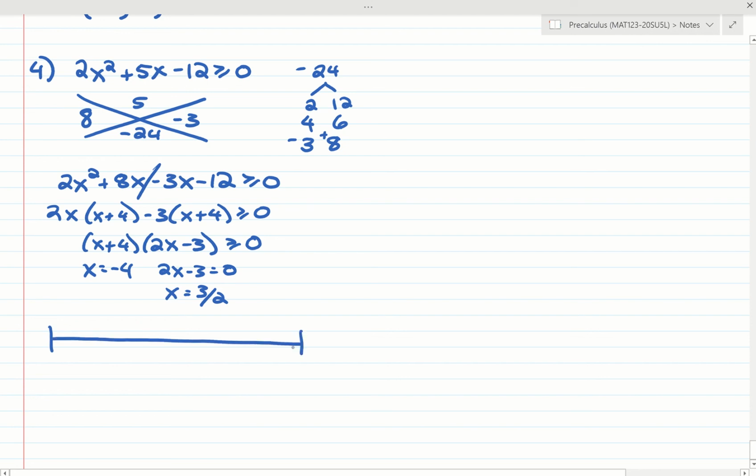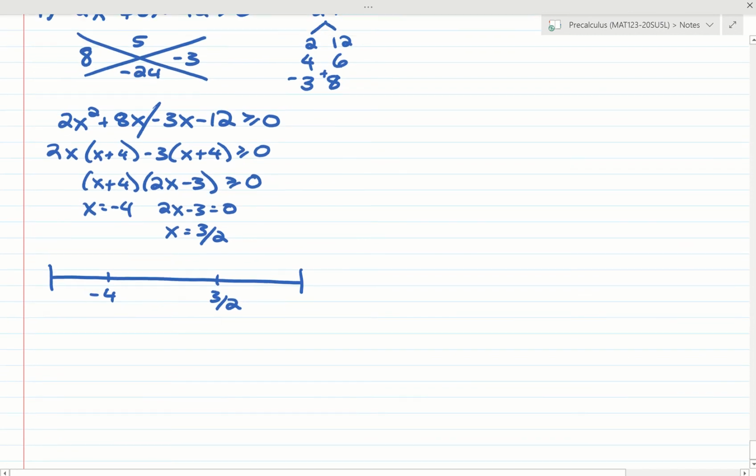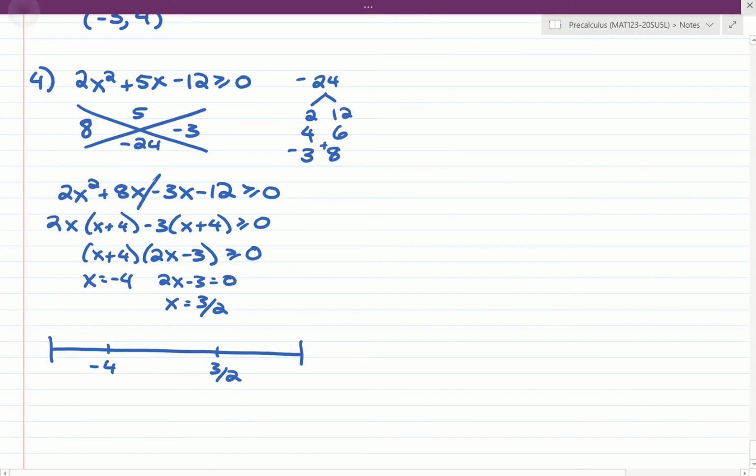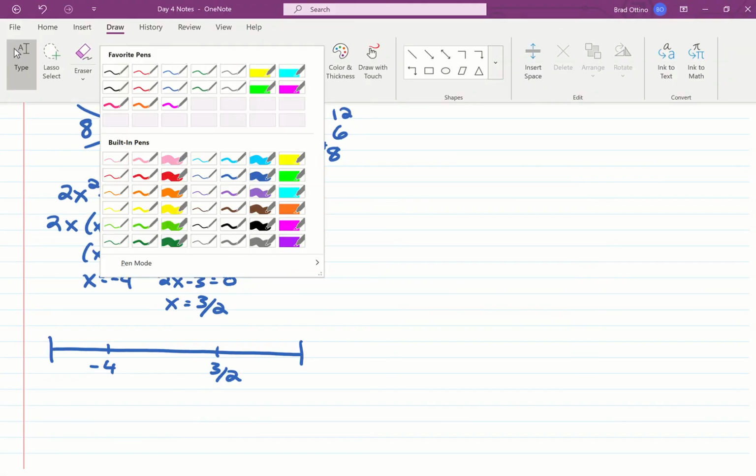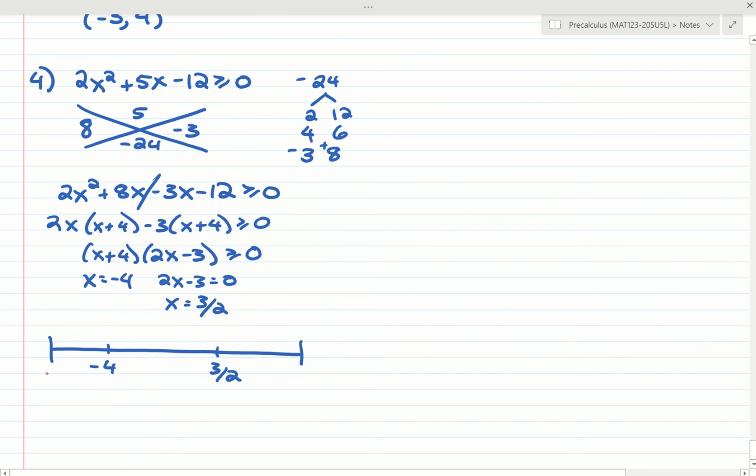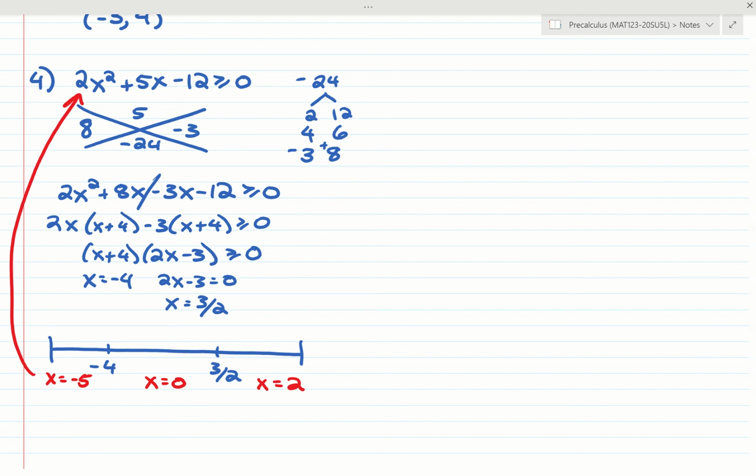Our next step is our number line with -4 and 3/2. Just make sure you put the lesser number on the left side, of course, and we'll pick numbers in each of these regions. So I'll use like -5 here, I'll use 0, and I'll use 2. 3/2 is 1.5. So I'm going to plug these numbers into our inequality and see if any of them make sense. Just give me a second. I'll get the calculator ready to go.